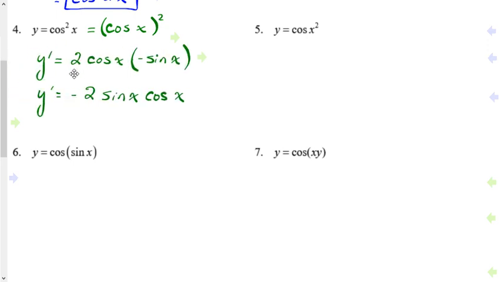I keep the inside function unchanged, subtracting 1 from the exponent, so that's why I have a 2 cos x, times the derivative of the inside function, and that's the negative sine x. So again, as we think back to chapter 2, this is the f prime of g of x, and this part here is the g prime of x.